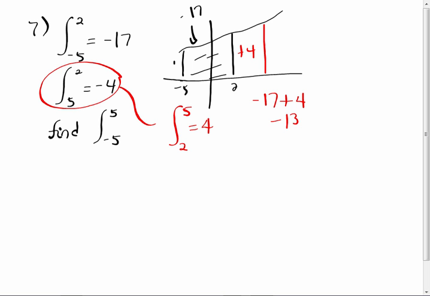So it's B. Because if I want the integral from -5 to 5, I have to do the integral from -5 to 2 plus 2 to 5. -17, well, they told me that.